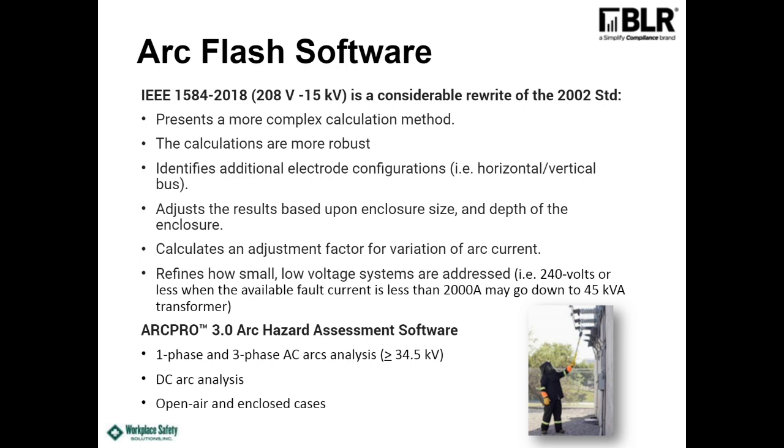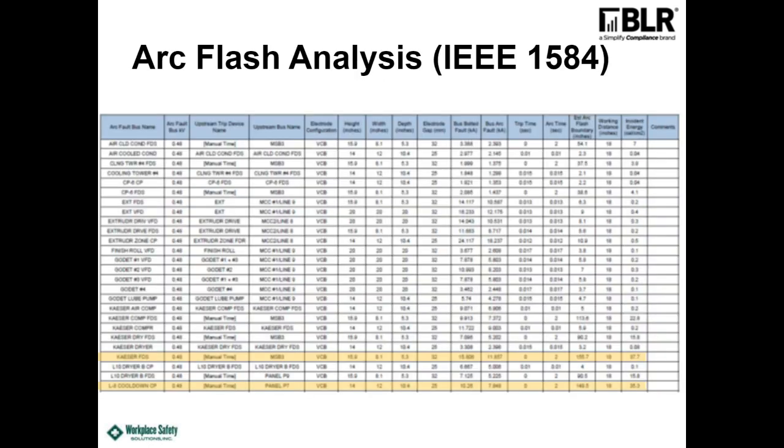That's used like above 34.5. It can be 34.5 and above. So that it provides, when you get up into 115 and even as high as 880,000, or I think there's a 1.2 million volt line now in Texas. So Arc Pro would be what you would use for that. You can also use it for some DC analysis as well. There's not a lot of really good software for DC analysis at this point.